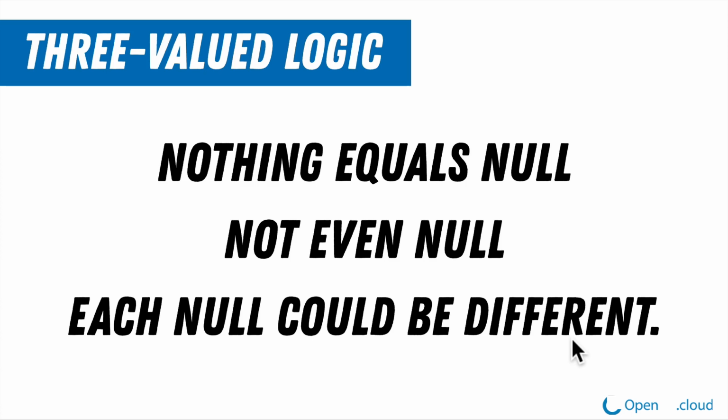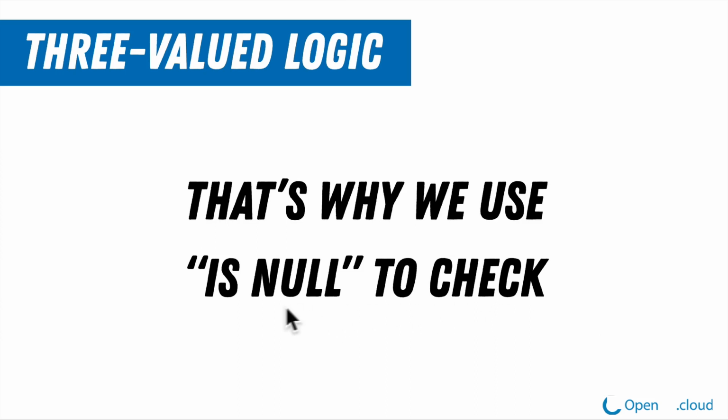To understand that with that three-valued logic, you have three different streams of outcome. When you do a filter, each statement that is true is going to return me a result. Each statement that is false is not. And each statement that is null is going to return null because nothing equals null, not even null. That is why we use the IS NULL check.